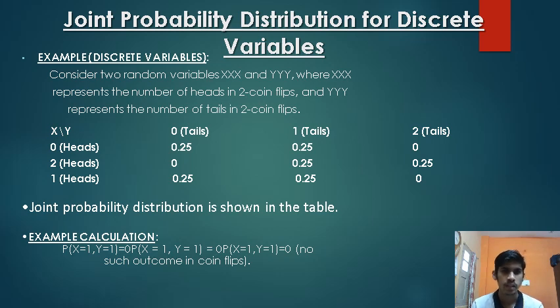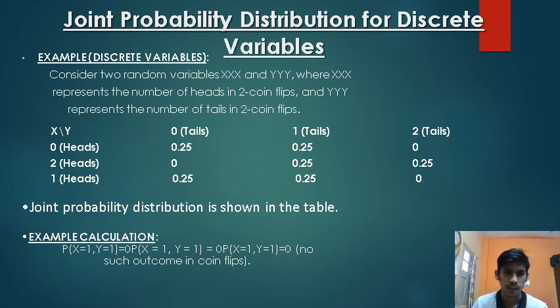For example, discrete variables. Let's discuss discrete variables. Consider two random variables X and Y, where X represents the number of heads in two coin flips and Y represents the number of tails in two coin flips.